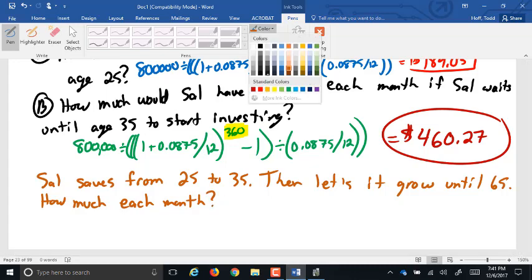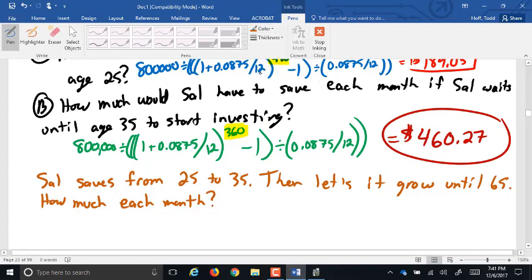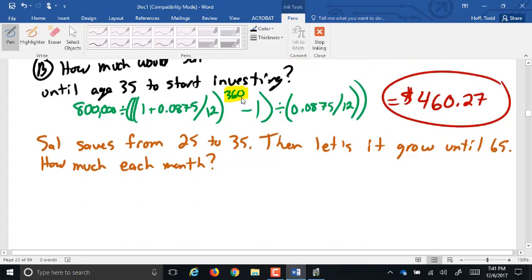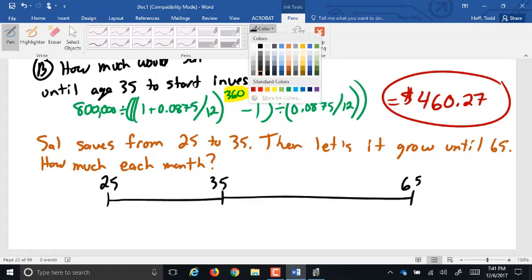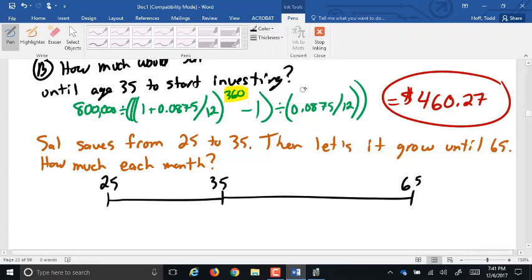Well, we have to work backwards here. We've got 25, we've got 35, and then we've got 65. What dollar amount do we know? 800,000. What age is that going to be at? Nope, this is the same problem, just looking at it a little different.